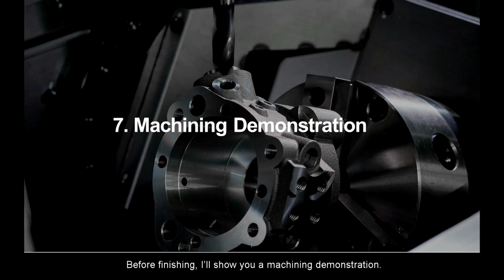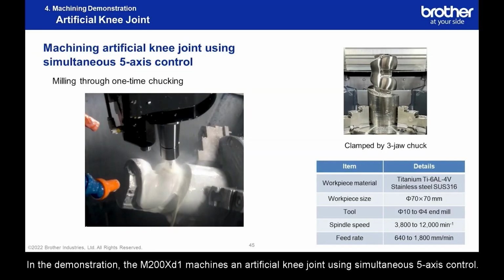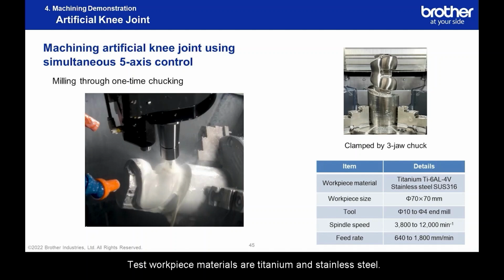Before finishing, I'll show you a machining demonstration. In the demonstration, the M200Xd1 machines an artificial knee joint using simultaneous 5-axis control. Test workpiece materials are titanium and stainless steel. The workpiece used is a round bar of 70 mm in diameter and 70 mm in height.